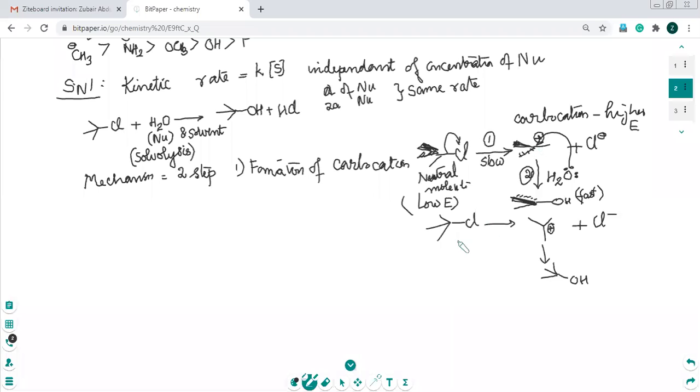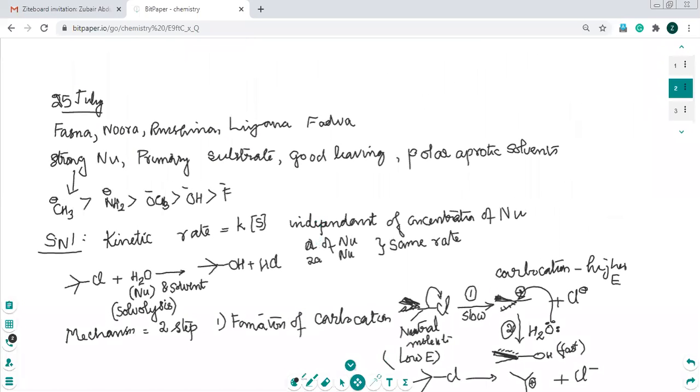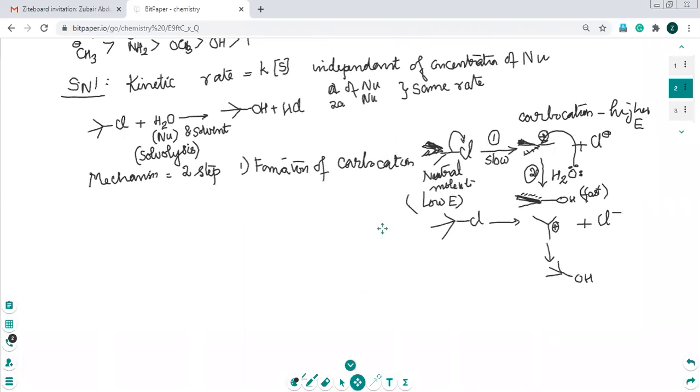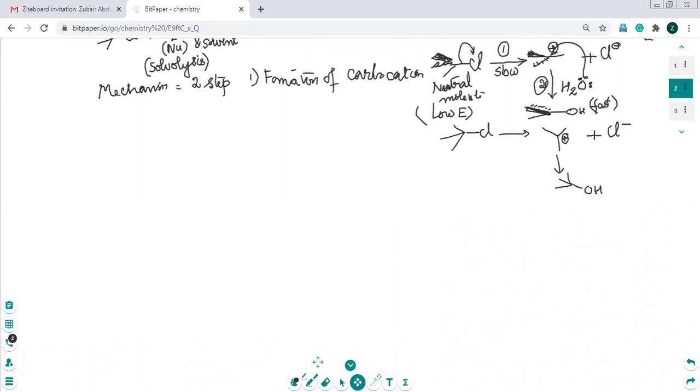And therefore the first step of the reaction is the rate determining stage.